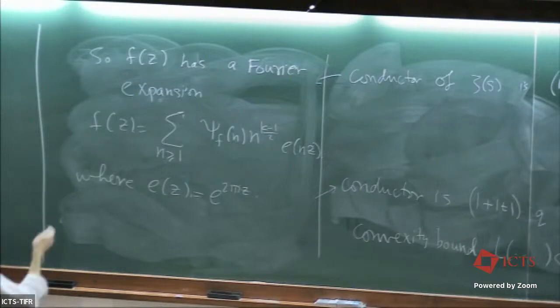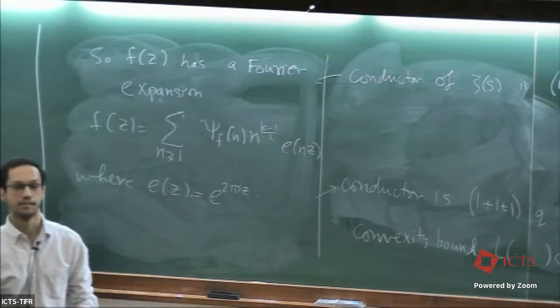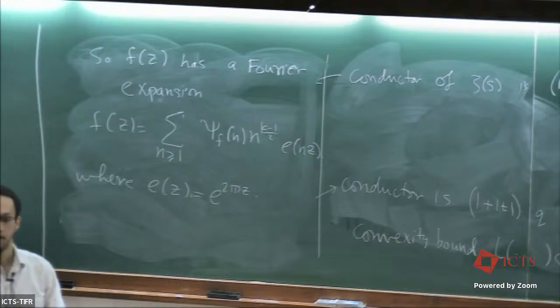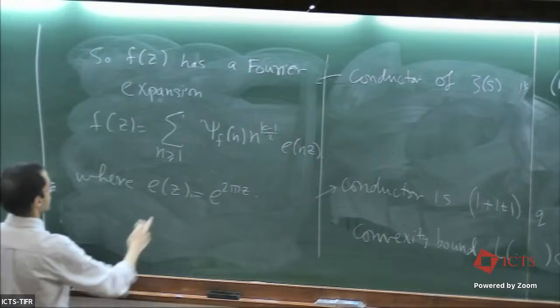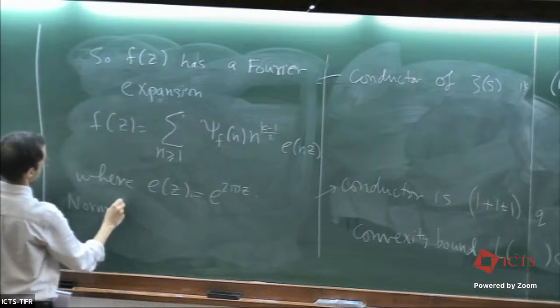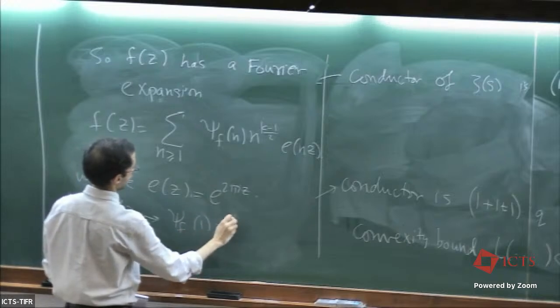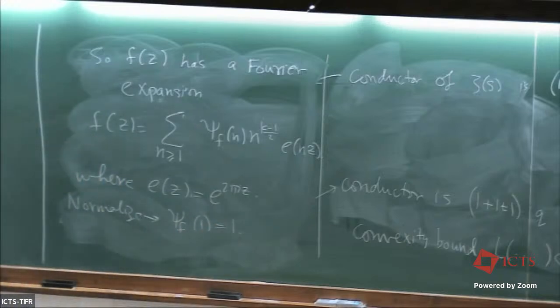And one can associate an L series with this. One can first normalize the L function, so we can divide. First we can show that the first coefficient does not vanish, and make sure that it is equal to 1.